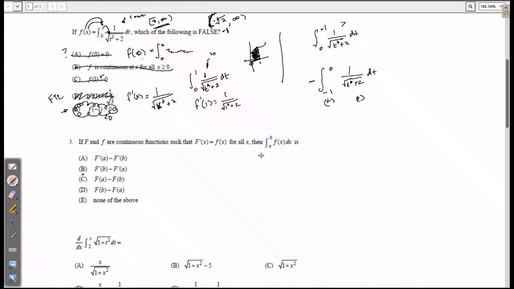Well, I need to evaluate my antiderivative, which we know is true from this. And I need to evaluate it at my top limit and my bottom limit. So I get F of b minus F of a, which is choice D.